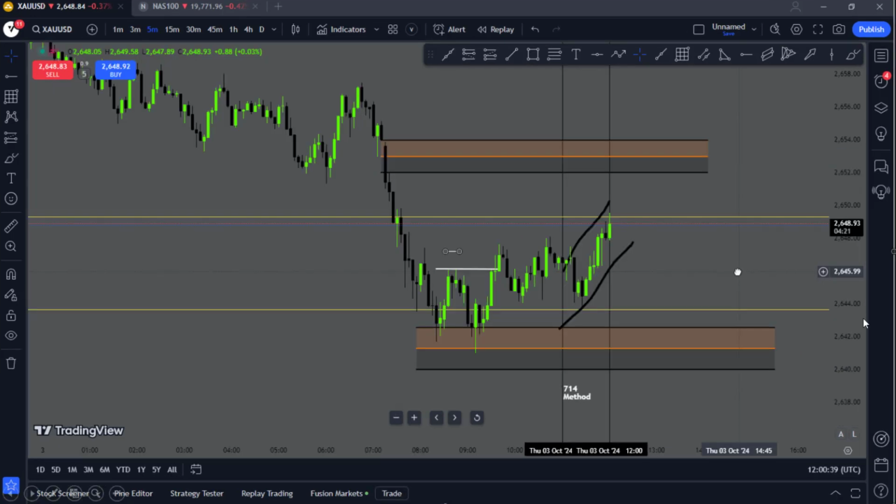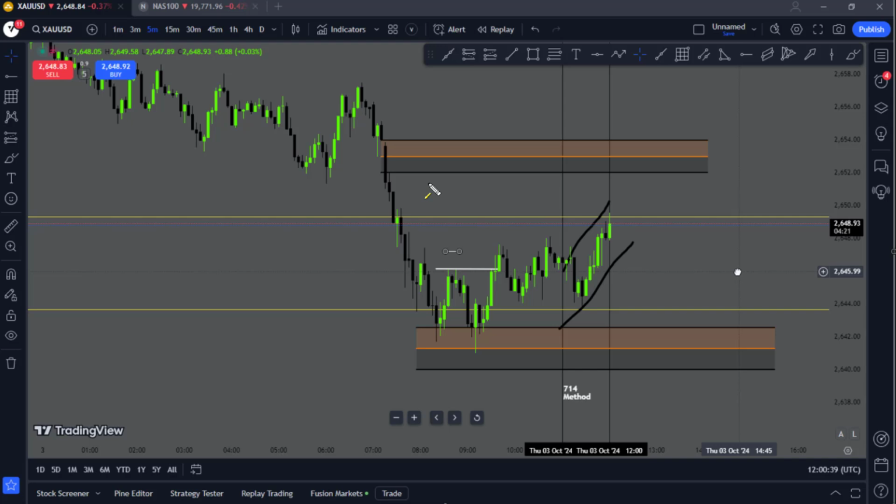Very simple. Looking at these two black lines, we know for sure that during the 714 method we were in an uptrend. But you already know that when you are in an uptrend or a downtrend, the most important thing is for you to find your levels.